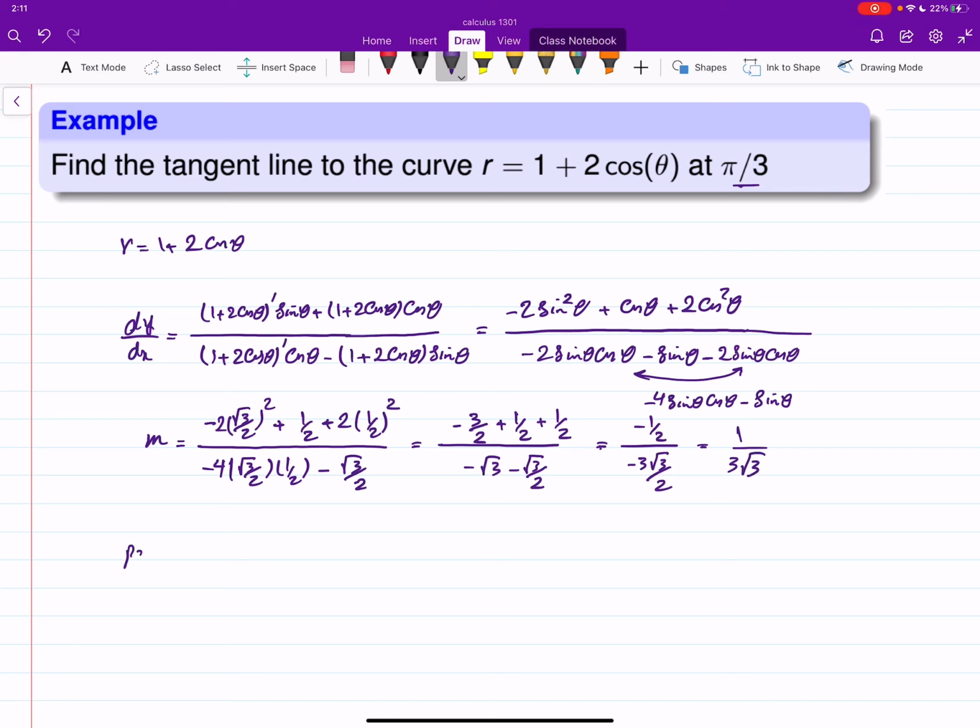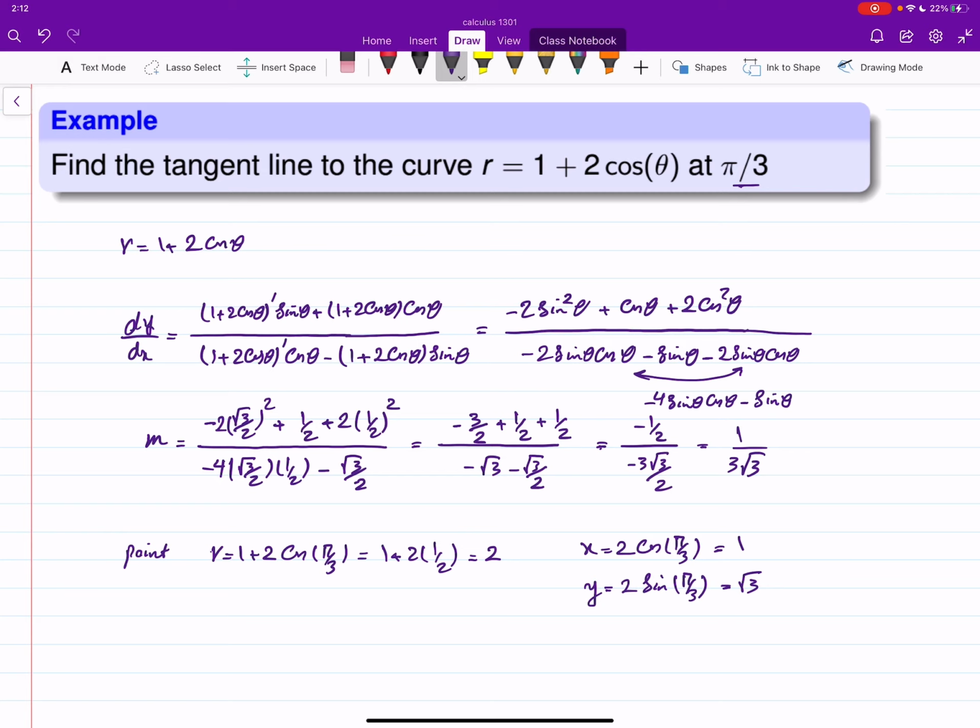How about the point? Well, you just plug in theta as pi over 3. r is 1 plus 2 times half. This is just 2. So r is that, theta is pi over 3, so then x is going to be 2 times cosine pi over 3, and y is going to be 2 sine pi over 3. So that is just 1. This is root 3.